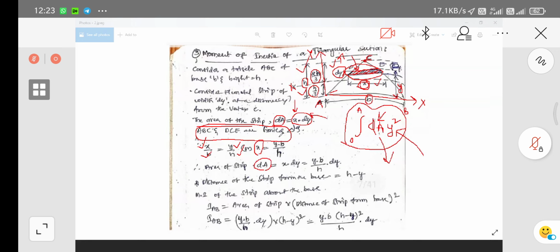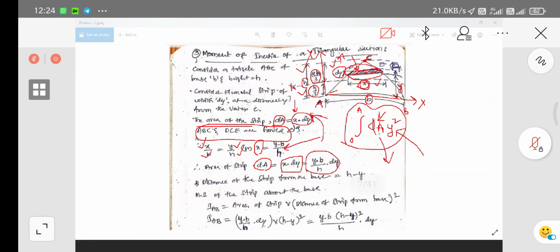So that's why we include the terms totally in y only. x into dy, where x is nothing but yb by h. So from the similar triangle concept we have got it, and if you put this x value in the differential element, it is converted totally into yb by h.